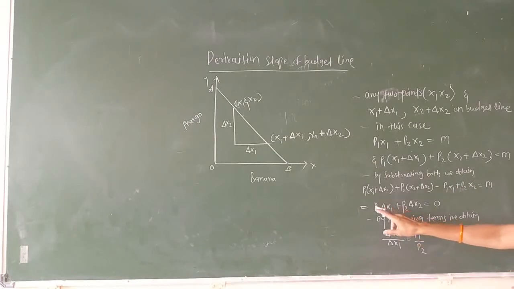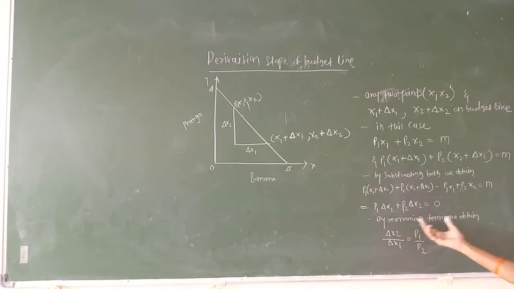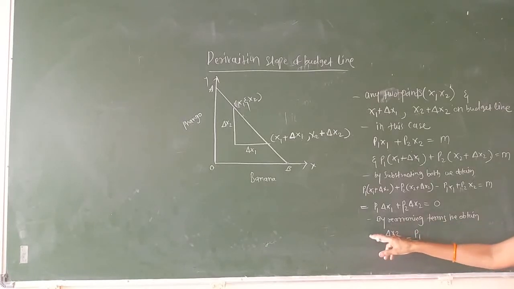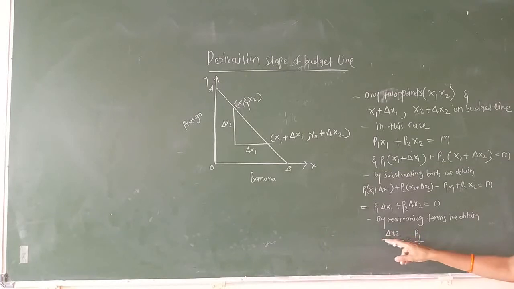So P1 delta x1 plus P2 delta x2 is equal to 0. By rearranging these two terms, we obtain delta x2 divided by delta x1 is equal to P1 divided by P2.